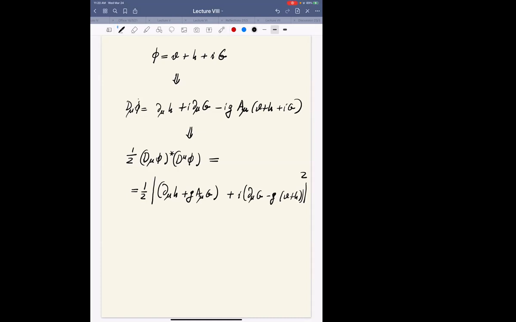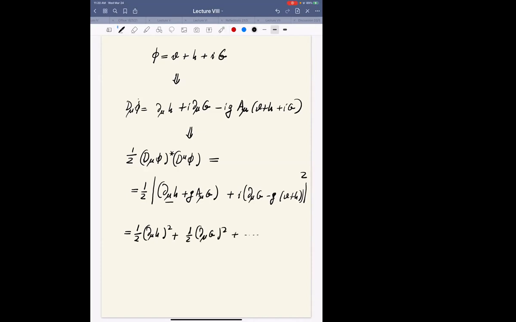I've just separated the real and imaginary parts. So notice there are all kinds of terms here, but I'm interested in the kinetic energy, which of course you expected. There will be a piece one half D mu G squared.